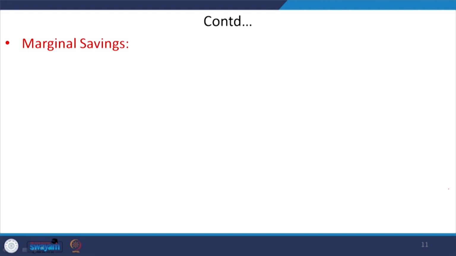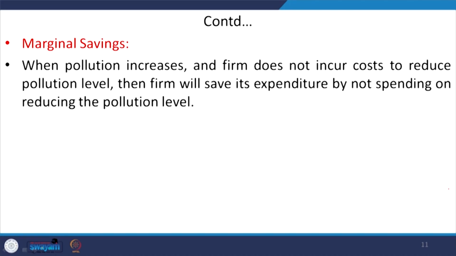The second concept is the marginal savings. What is marginal savings? Now, we can take this. Again from the same example, when pollution is increasing, that means the firm is not incurring enough expenditure in order to reduce the pollution level, right.